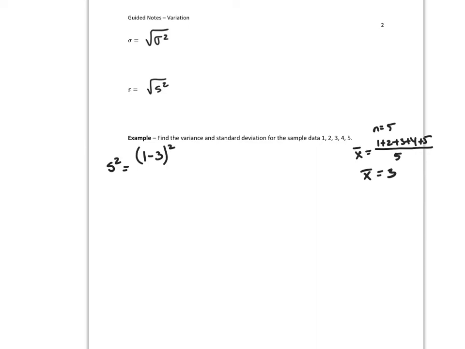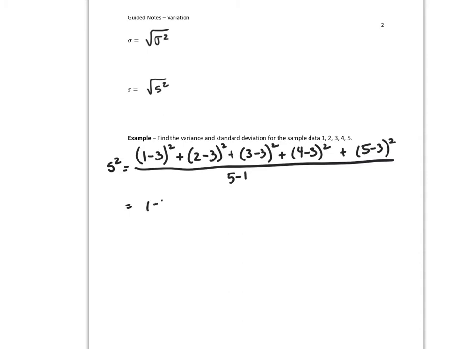And then we go to the next one. i becomes 2 now. So I take my second data point, which is 2, minus the mean squared, plus the next data point minus the mean squared, plus the next data point, which is 4, minus the mean squared, plus the last data point, which is 5 minus 3 squared, and I divide by 5 minus 1.